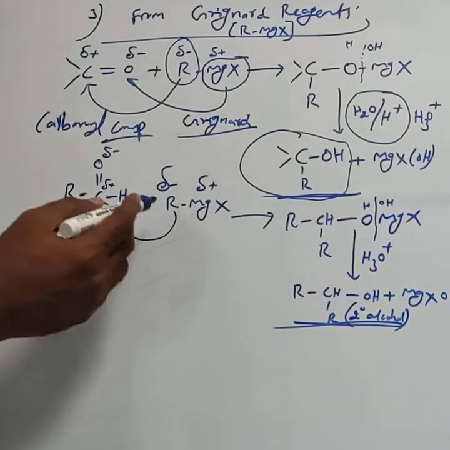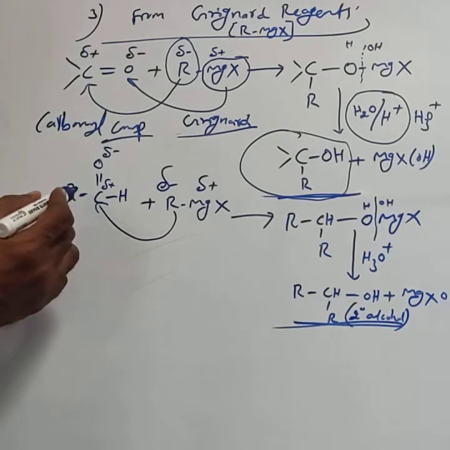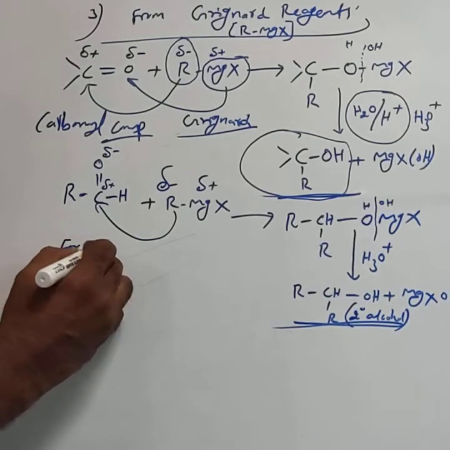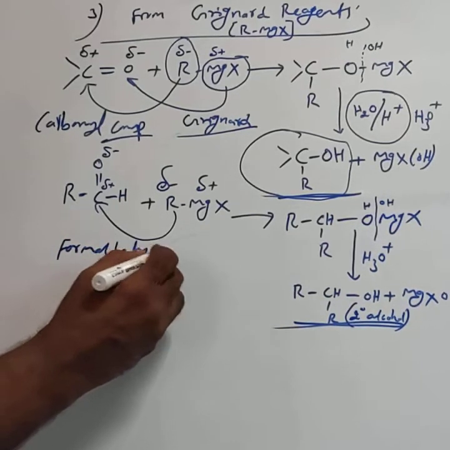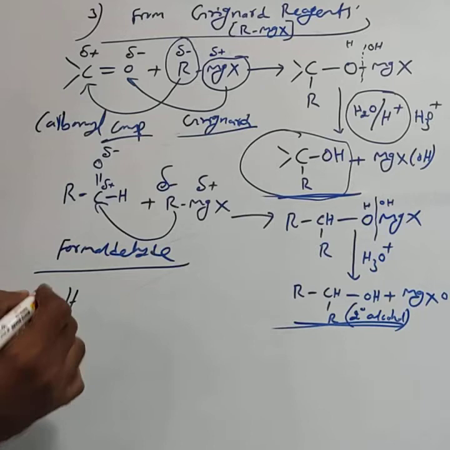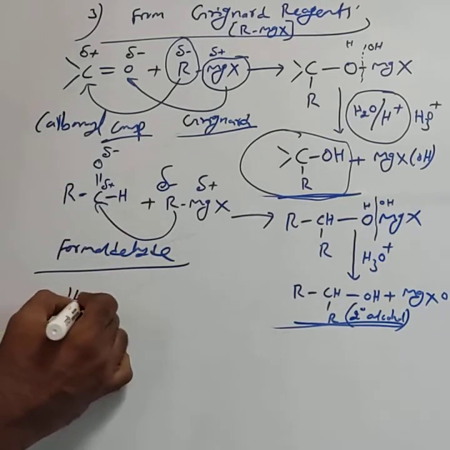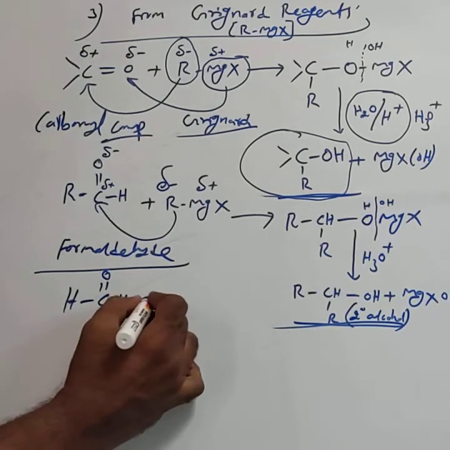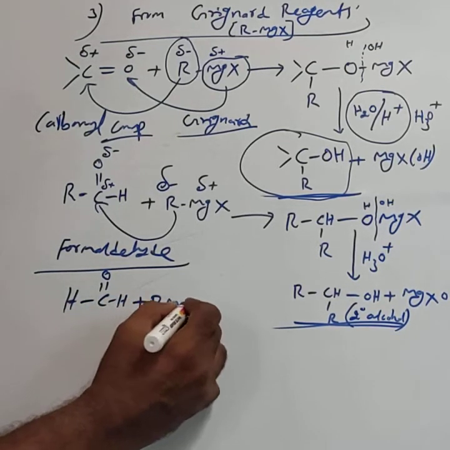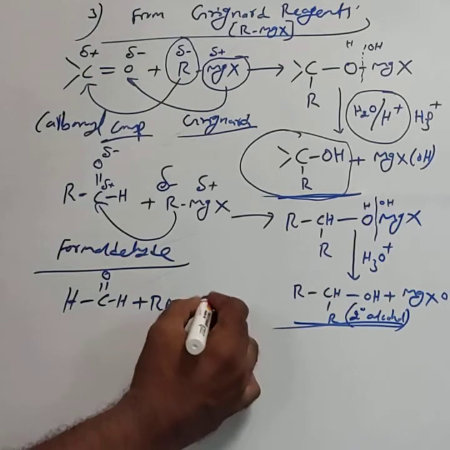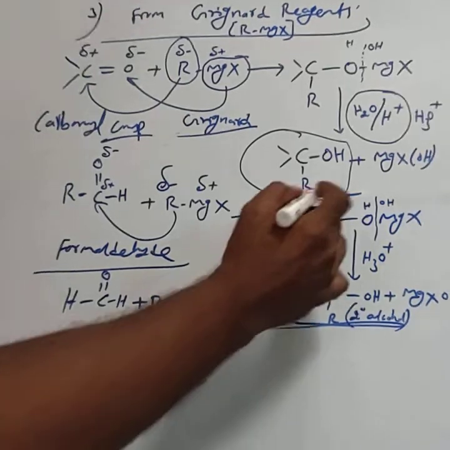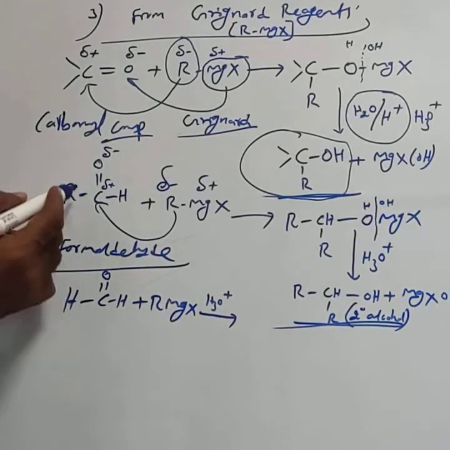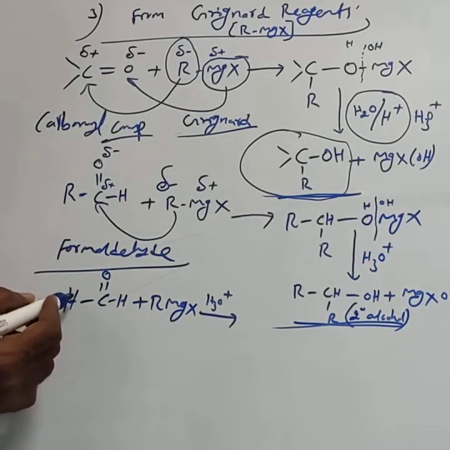Among the aldehydes, if you use formaldehyde, the formula is H-CH double bond O, with R replaced by H. Formaldehyde reacts with Grignard reagent followed by acid hydrolysis. I am avoiding the addition compound, just to practice this one. In the place of R, I am using H only.